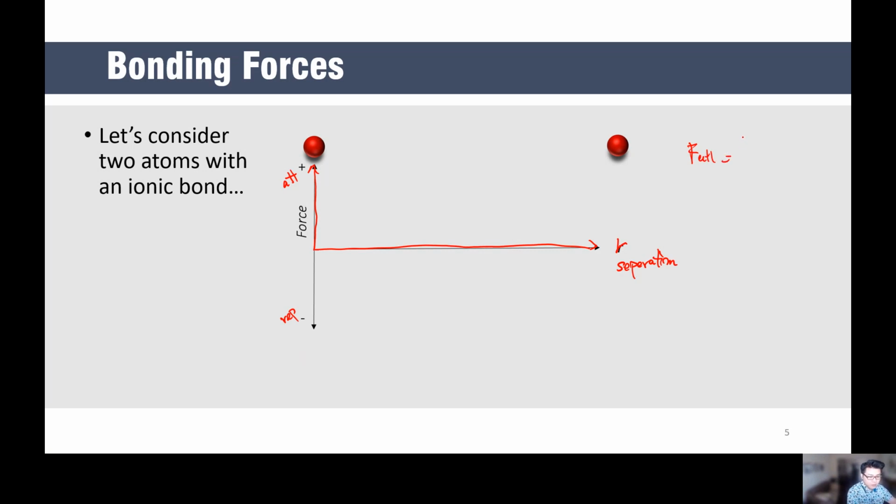So F attractive is going to be Q1 Q2 over R squared. Let's just plot it from R equals infinity, where the attractive force is going to be 0. And it's going to curve like a parabola upward when R is decreasing. So this is the attractive force.